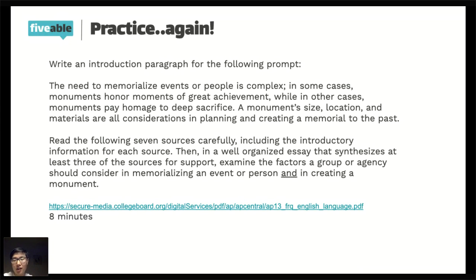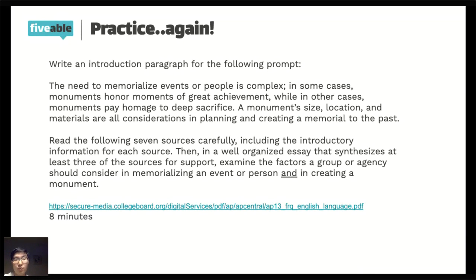And here is what I ended up coming up with. It's pretty long because as you can see, there's an "and" underlined, which indicates that you have to answer both sides of the prompt. Celebrating our heroes is critical to ensure that they're forever ingrained and remembered in history. However, memorials and monuments typically take decades to be created in order to honor an individual.